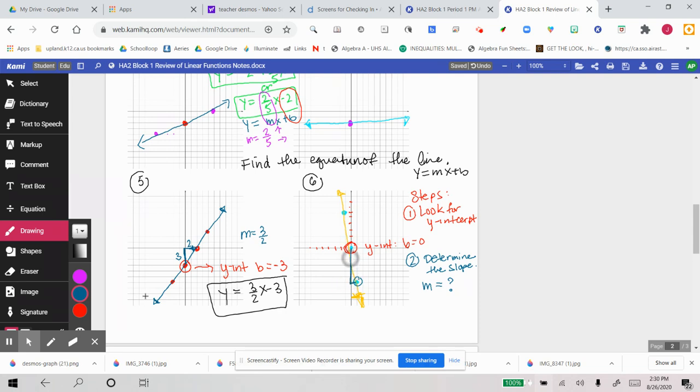We're going down 1, 2, 3, 4, 5, 6. So going down 6 is a negative 6. Right 1 is a positive 1. So if I were to rewrite this, it's going to be y equals negative 6/1 x plus 0. Or you could just write it y equals negative 6x.